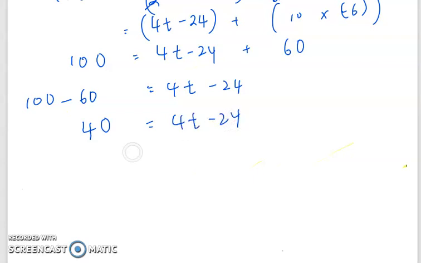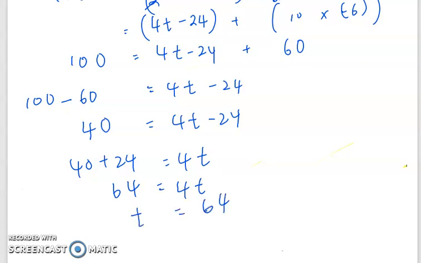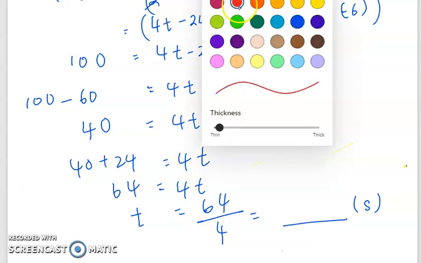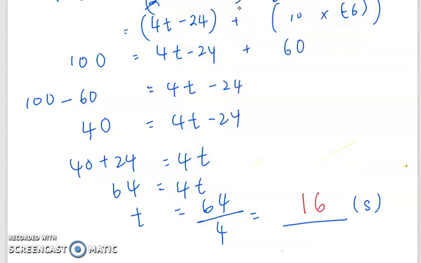Minus 24 moves to the other side and becomes plus 24. So 40 plus 24, we have 64 equals 4t. And then we want to find t only, therefore 64 divided by 4. Okay, and you get your answer for t in seconds. Right, so your answer is 16 seconds.